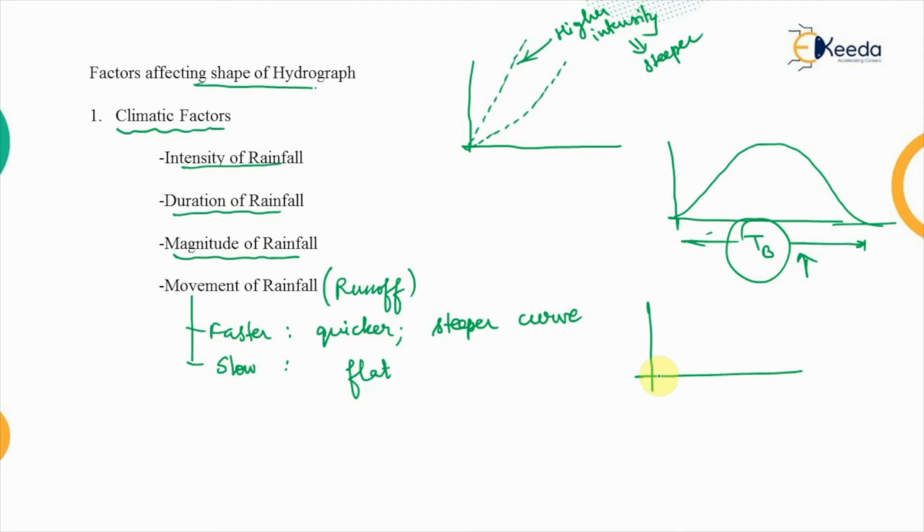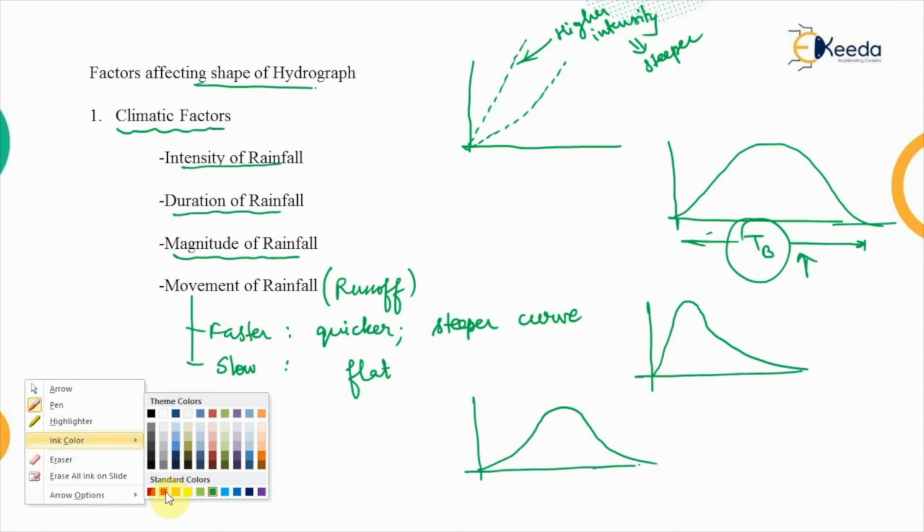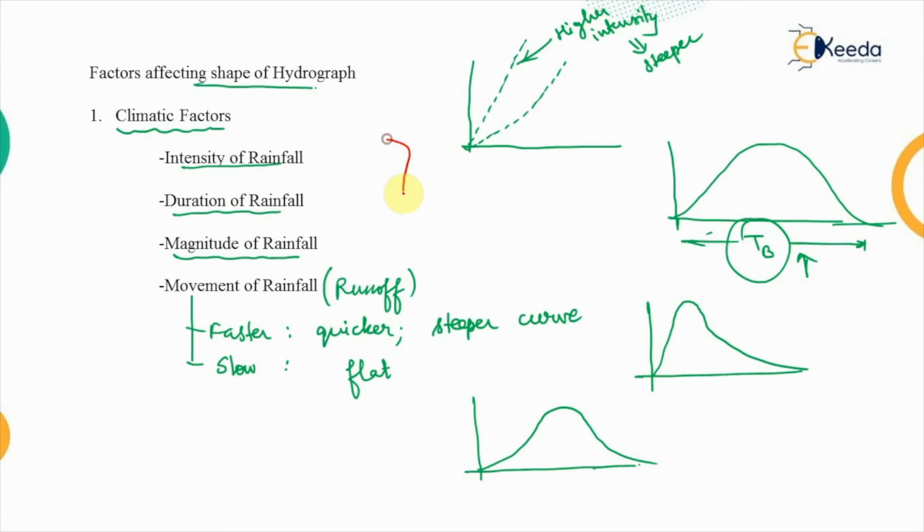So if faster movement is there, then this curve will be something like this, and if we are obtaining the slow peak, then this will be the curve that we will be getting. So that is the impact of the climatic factors. Now in total, all of these factors majorly impact the rising limb of the hydrograph and not the other segments of the hydrograph.